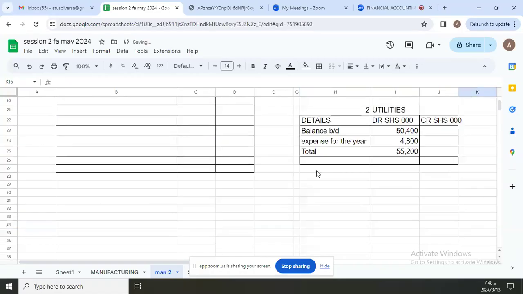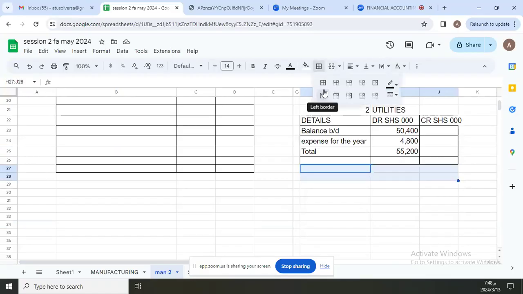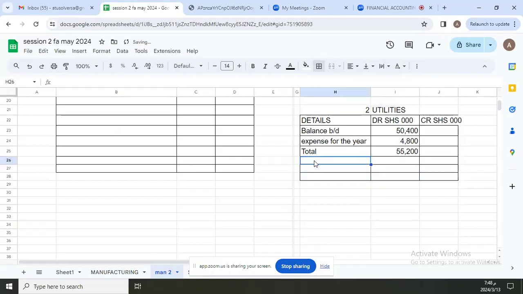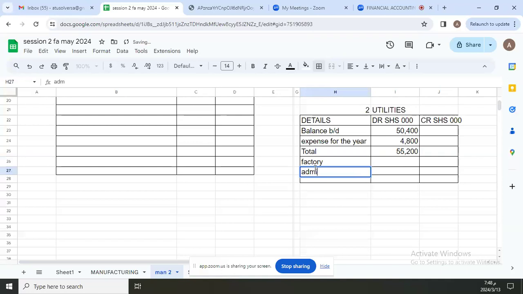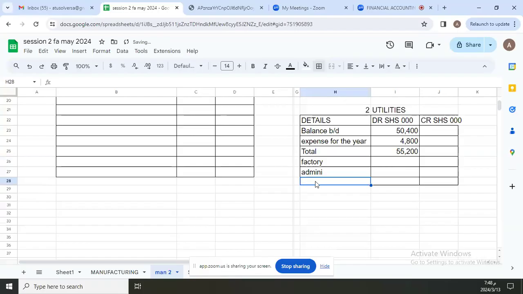Okay, so from here, not to waste time, you compute all the three things from here so that next time when you're looking for something, you just come from here and pick it. So this is my total, but under my total, I have three classifications: factory, admin, and selling and distribution.